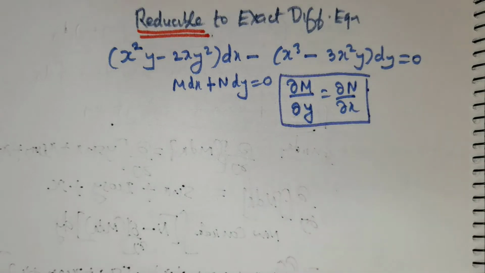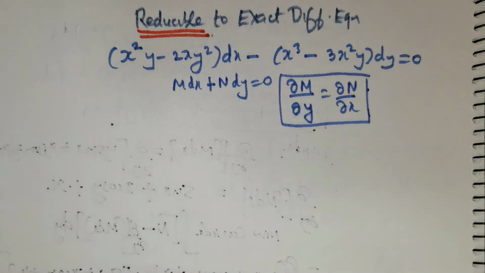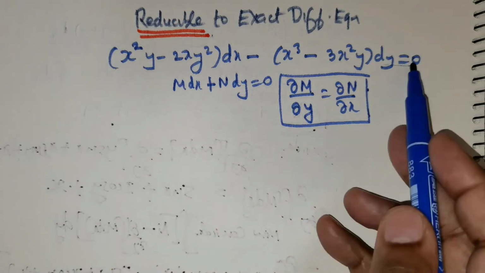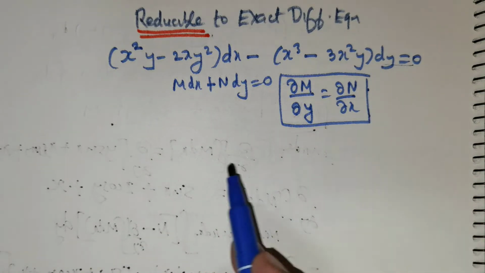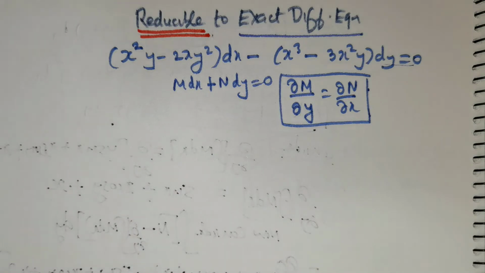Now, the question arises, what would happen if this condition fails? Obviously, though the given equation is a differential equation, it isn't an exact differential equation. So now there is an issue.